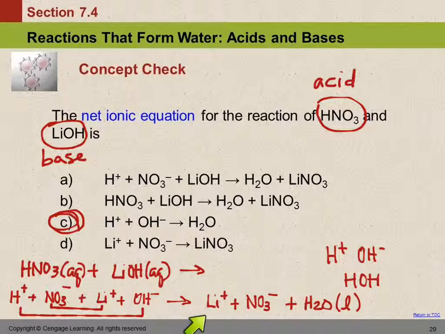The lithium ions are going to be spectators, because lithium ions with hydroxide ions were soluble, and lithium and nitrate is also a soluble compound. So they're going to stay dissolved and stay as ions. And the nitrate also. So if we cross those guys off, the nitrate doesn't change, the lithium doesn't change, then we end up with this guy right here.